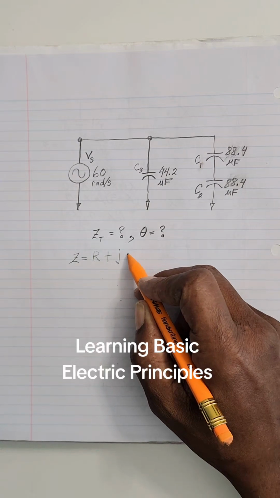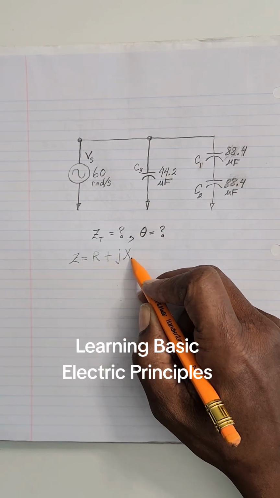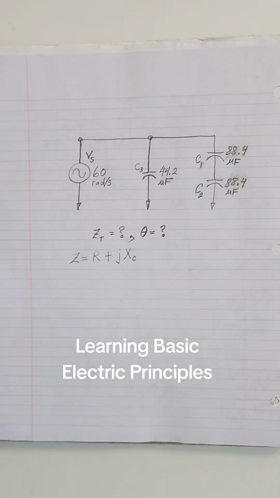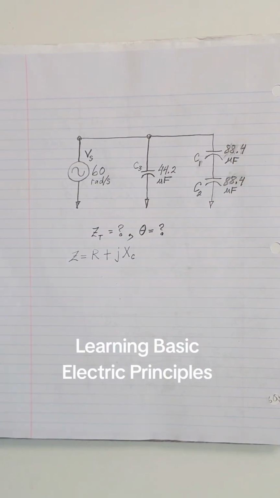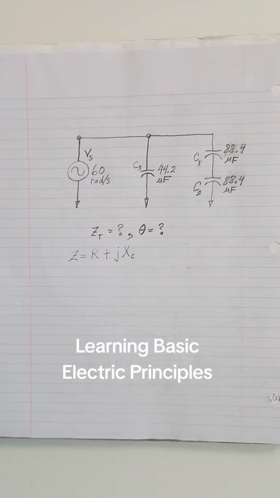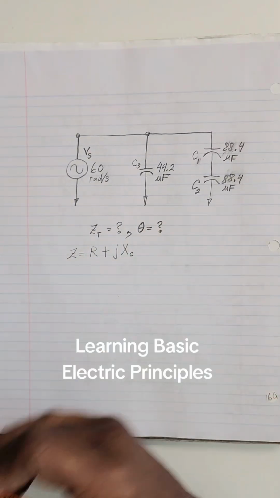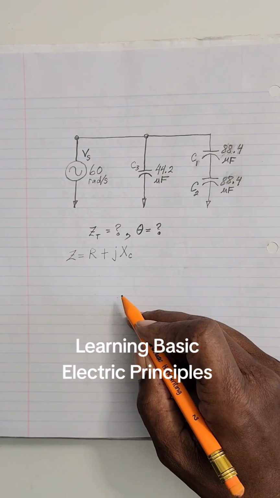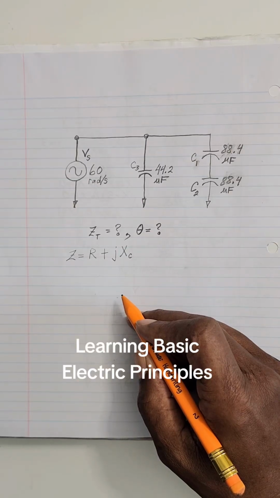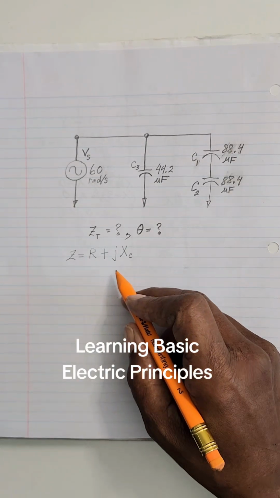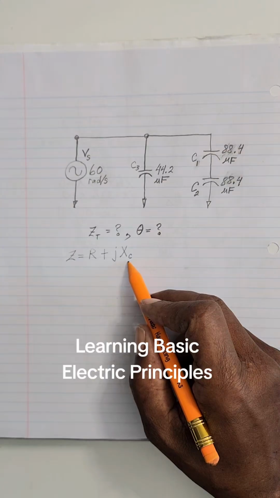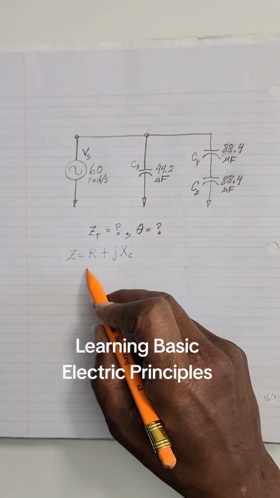In this case, it would be X sub C, which is on the imaginary axis. That's what the impedance is equal to. But in this case, we have no resistance, right? So it collapses to whatever X sub C would be, right?